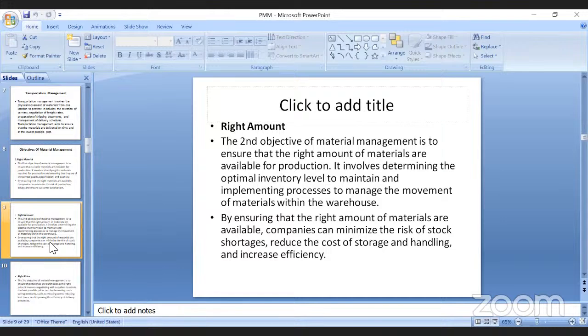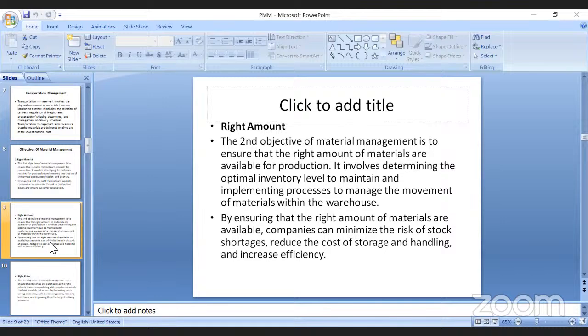Suppose in your production system you need 200 tons or pieces, that should be available in the production factory. You also have to maintain that inventory level, and manage the movement of the materials from the sources.